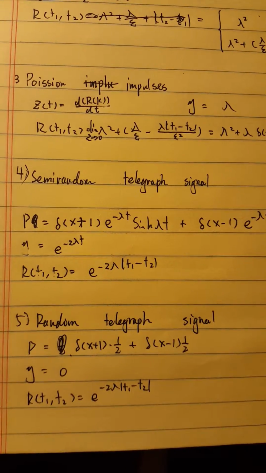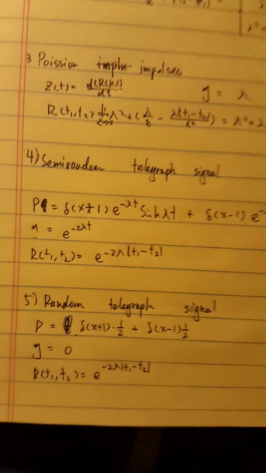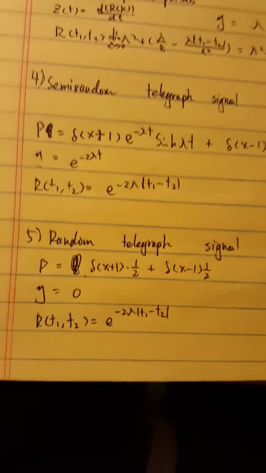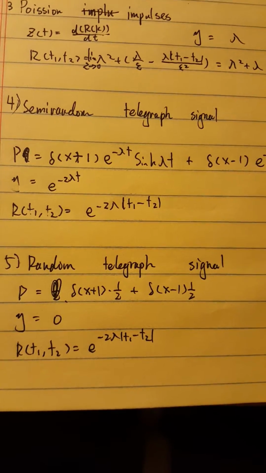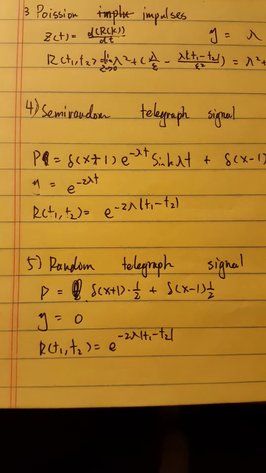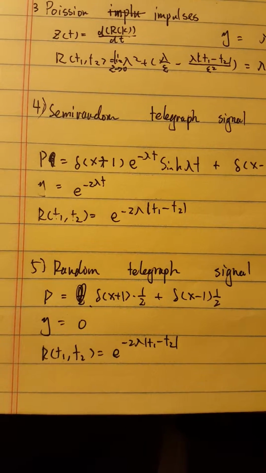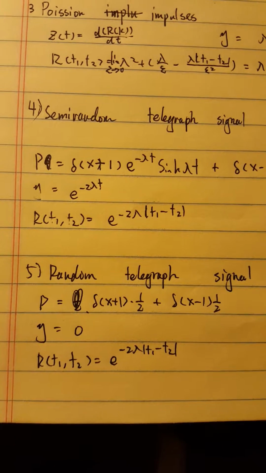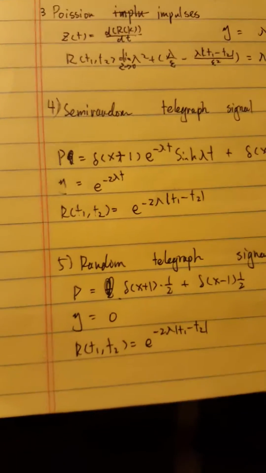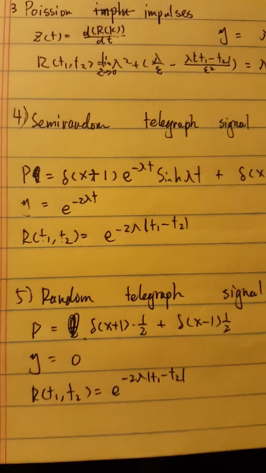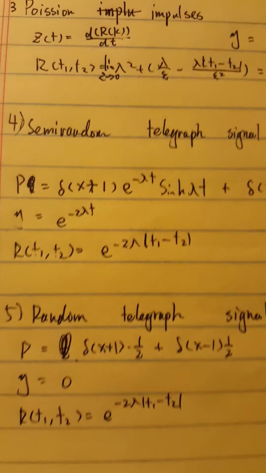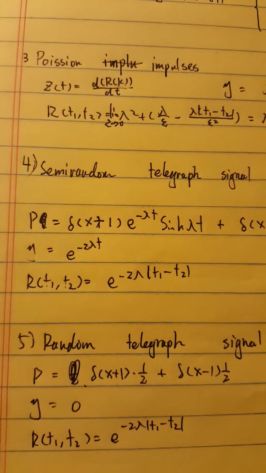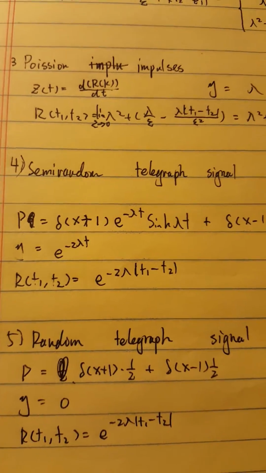The fourth is the semi-random telegraph signal, and this is just a signal that, for example, some lines randomly flash, and we count the number of flashes.